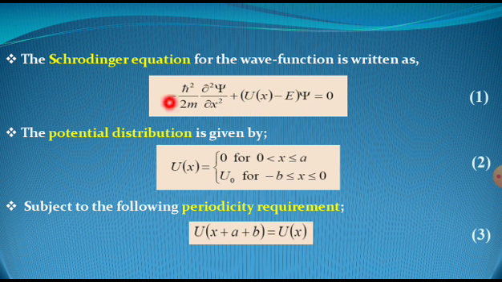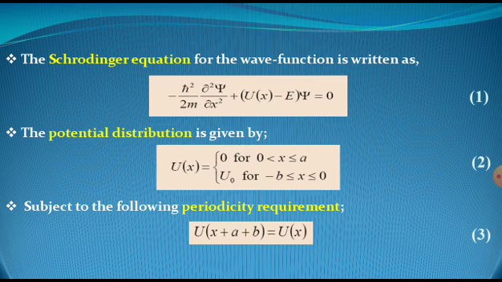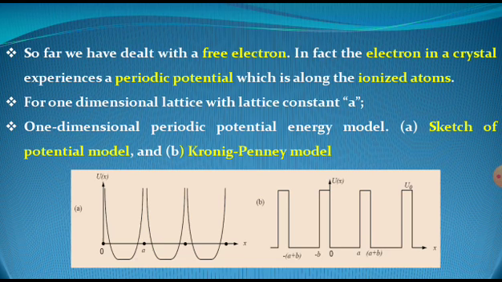But in this particular equation number 1, the potential distribution is given as follows. When the position is between 0 and the lattice constant a, as you can see from this figure, in the Kronig-Penney model the potential energy is 0. But when the position is from minus b to 0, you can identify the value is U0, that means the potential energy is converted to U0.